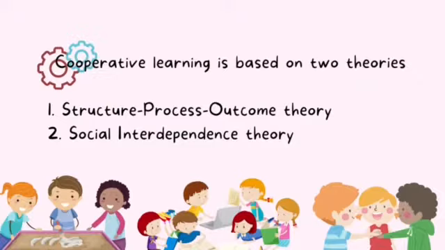Cooperative learning is based on 2 theories, which are structural process outcome theory and social interdependence theory. For the structural process outcome theory, Watson and Johnson theorized that the way a situation is structured determines the process individuals engage in to complete the task, which determines the outcomes of the situation.